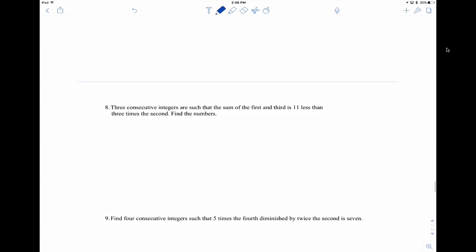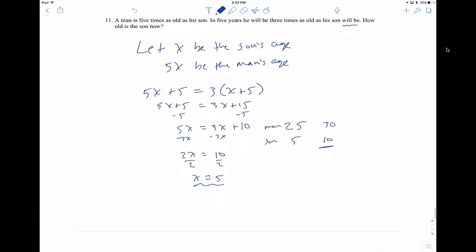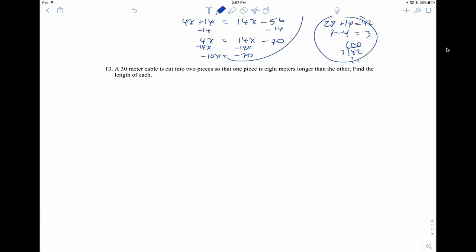We'll do 13. A 30-meter cable is cut into 2 pieces, so that one piece is 8 meters longer than the other. Now we're into the swing of things. Let x equal 1 piece. That means the other piece, 8 meters longer, is x plus 8.